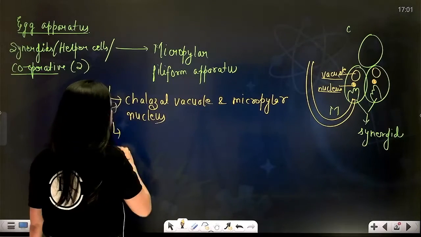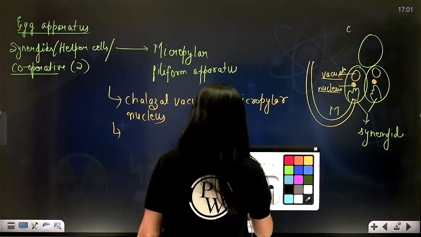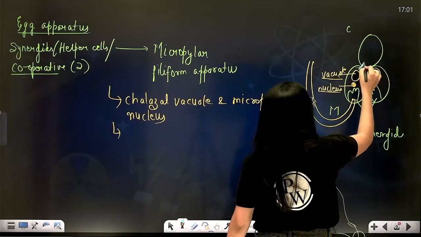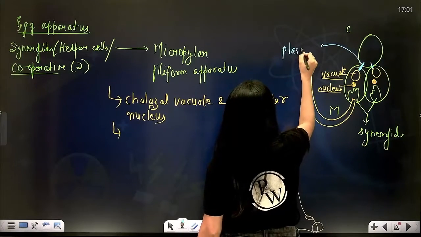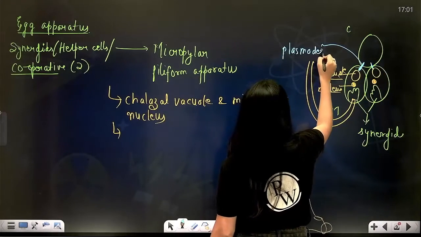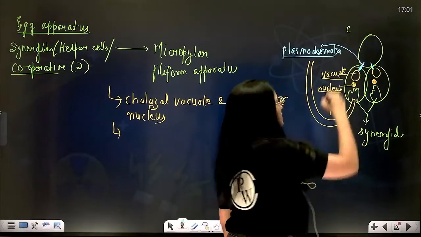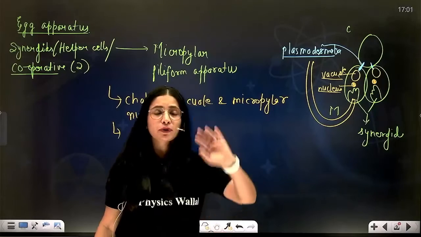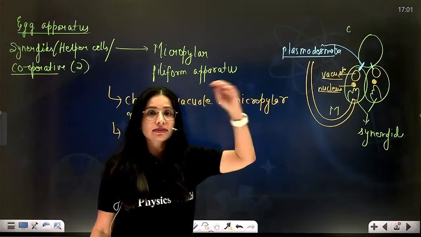It is also said that egg and synergids are connected with the help of plasmodesmata. So there are plasmodesmatal connections between the egg cell and synergids. Why? Because the synergids are providing nutrition to the egg, and that is why the egg is developing.